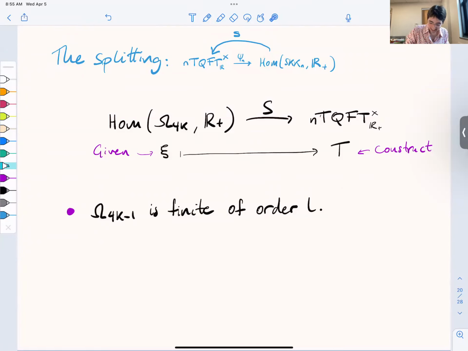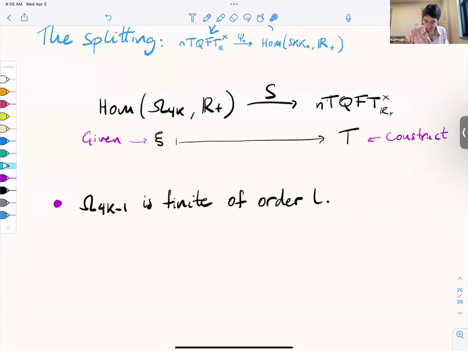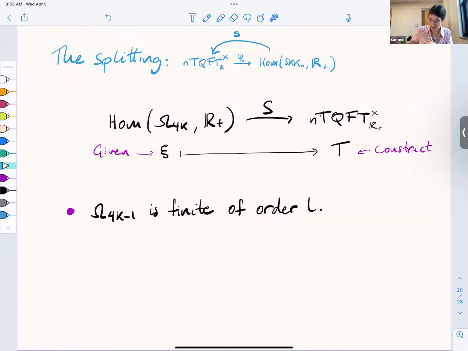So one fact that is very helpful here is that the 4k minus 1 dimensional cobordism group is always finite. Suppose that for the particular dimension that you choose, you know that it's finite, and you say it has order L. You're choosing that order right there.